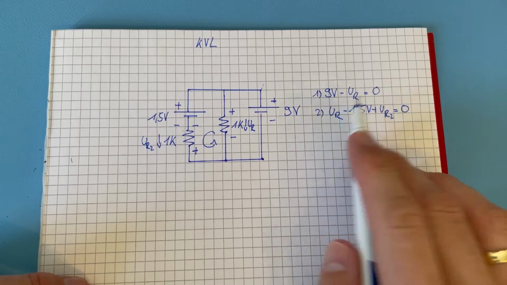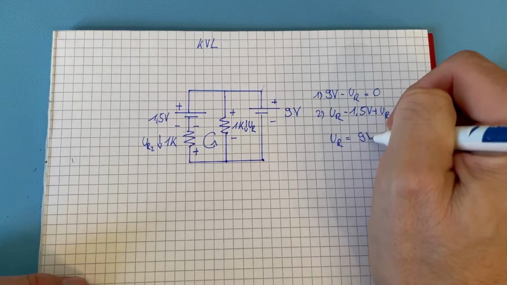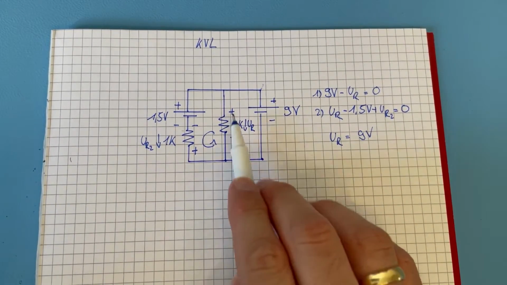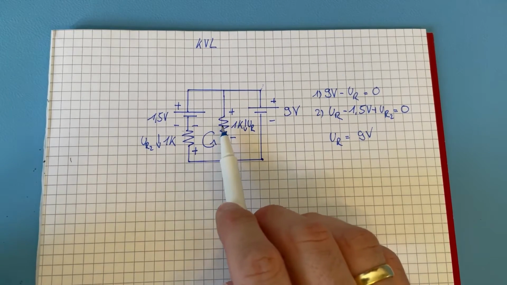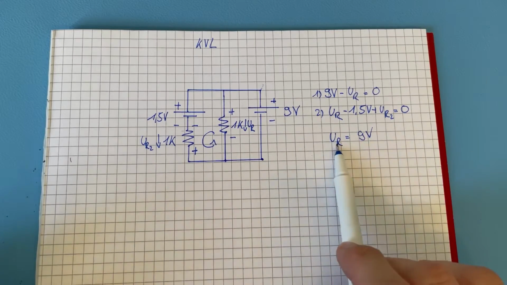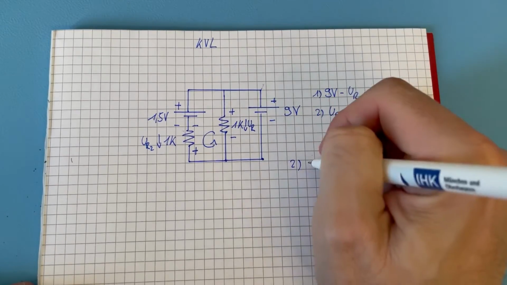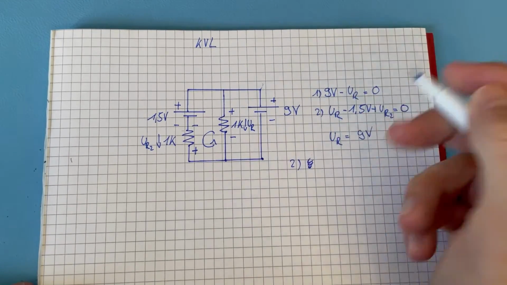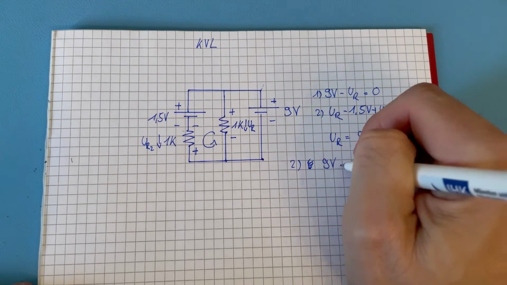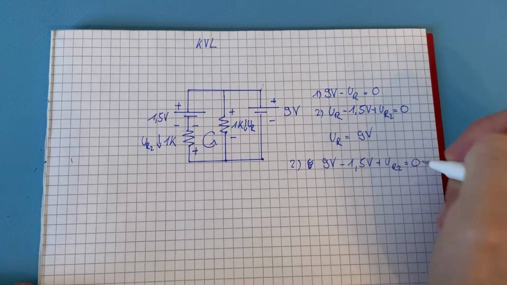From the first equation we can already derive that UR equals 9 volt. So over here we have 9 volt from here to here. Now if we put this result into the second equation, it looks like 9 volt minus 1.5 volt plus UR2 equals 0.